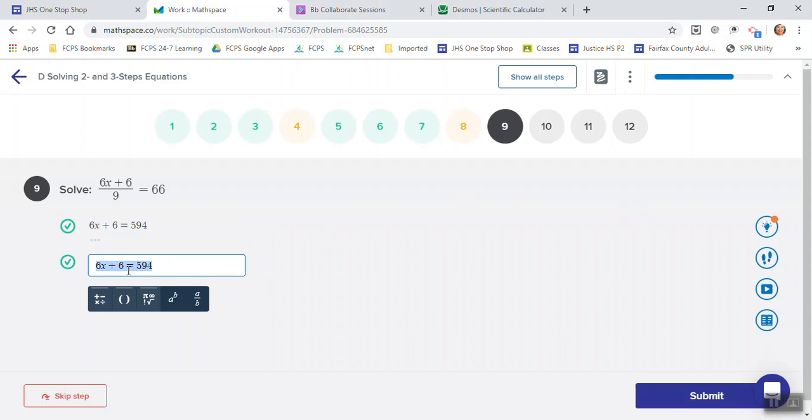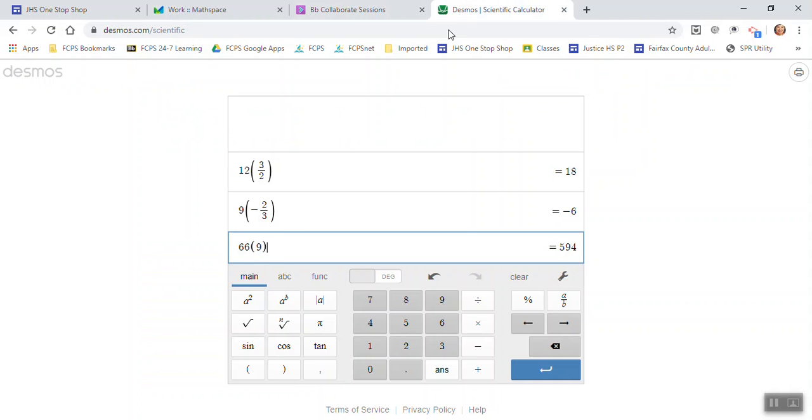And then the second step is you subtract 6 from both sides. When you subtract 6, 594 minus 6 would be 588, right?